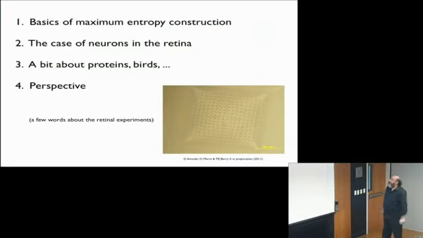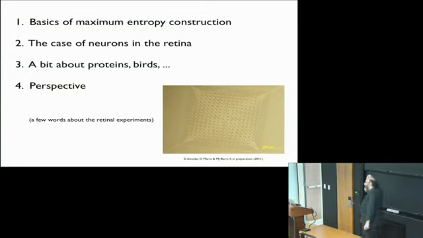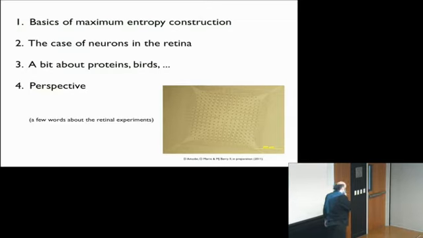So what I'm going to do is explain to you something which many of you probably already know, so perhaps it's a review. The idea of the maximum entropy construction, which allows you to make a bridge between the things you can measure and models that have the flavor of statistical mechanics.